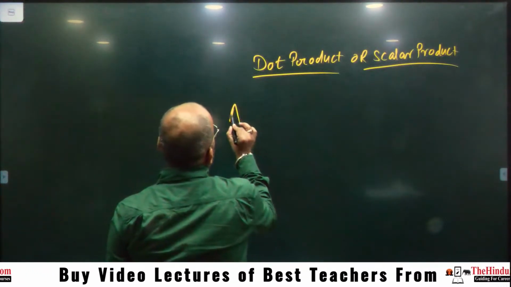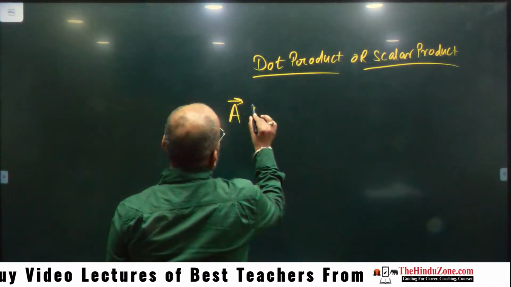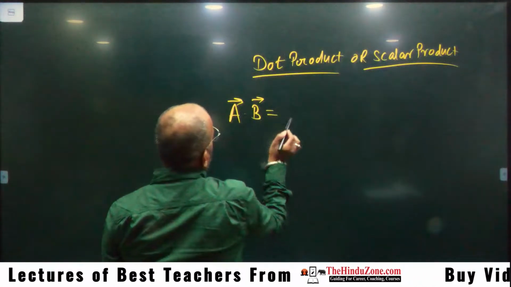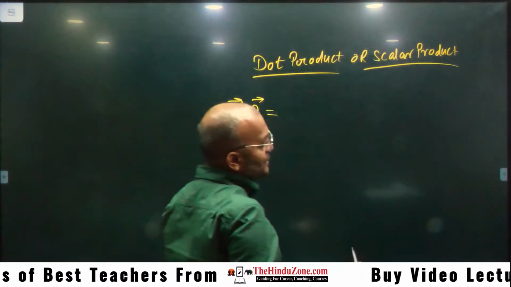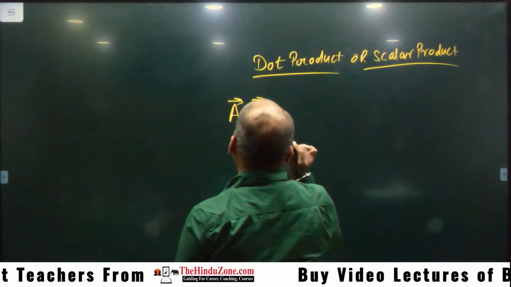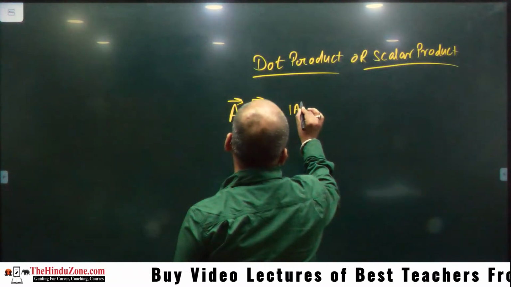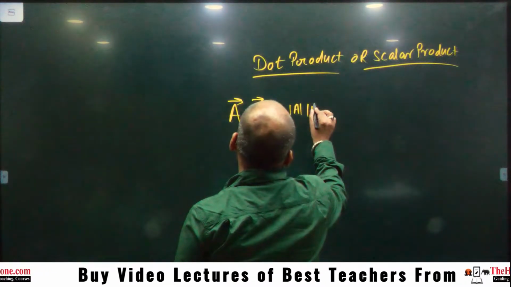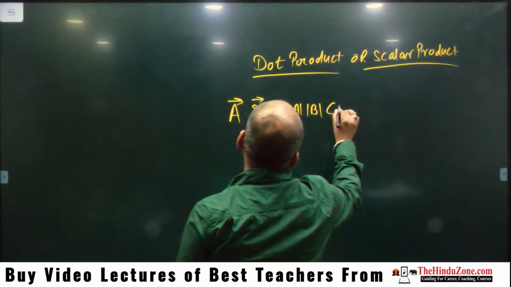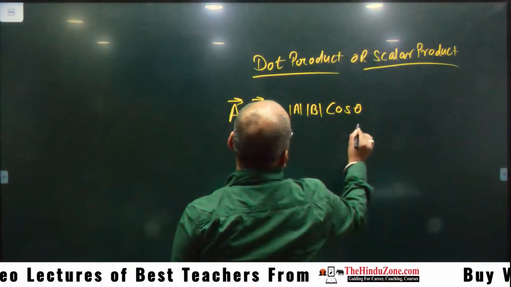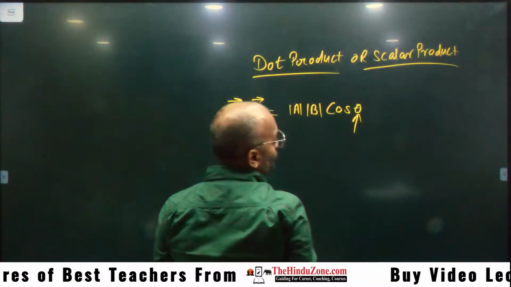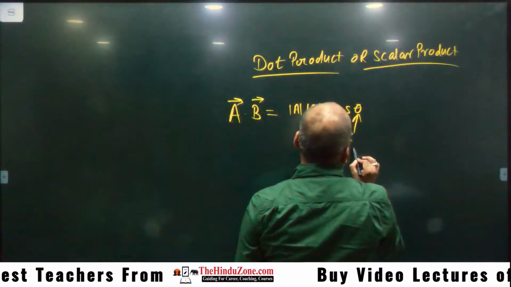When you multiply two vectors by taking their dot product, the answer that you get will be a scalar quantity. What will be the dot product of two vectors? Magnitude of vector A into magnitude of vector B into cos theta, where theta is the angle between vector A and vector B.